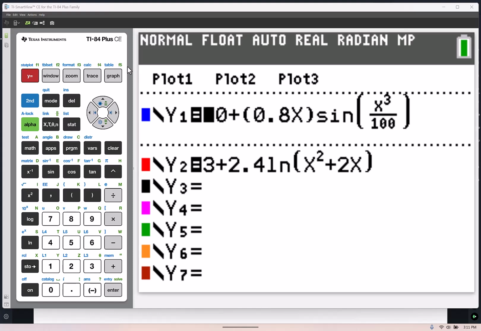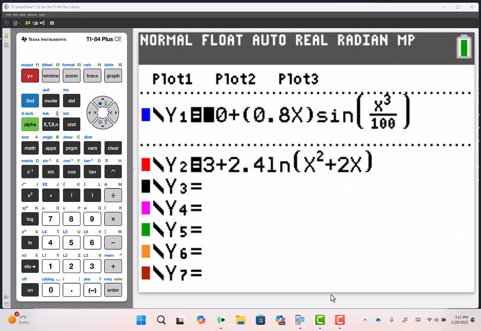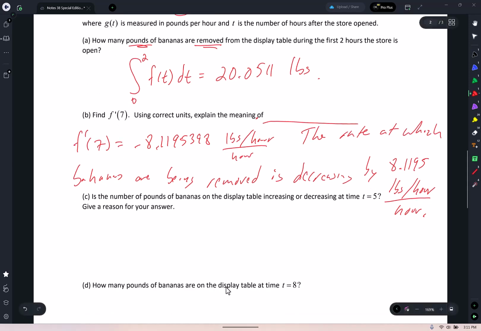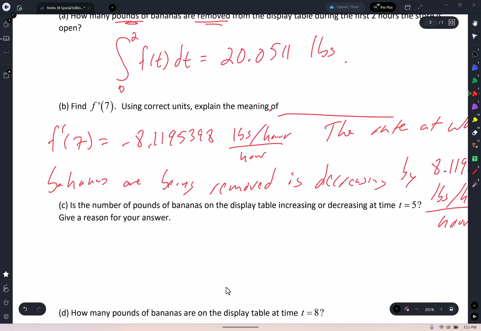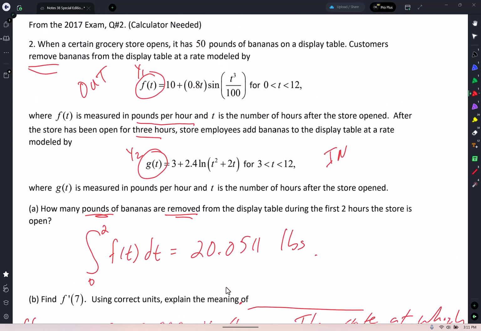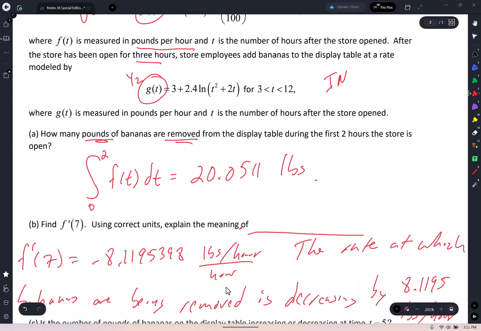Dude, are we continuing? Yes. Letter C. Is the number of pounds of bananas on the display table increasing or decreasing at time t equals 5? Some of you were comparing f of 5 and g of 5. That's perfectly great.